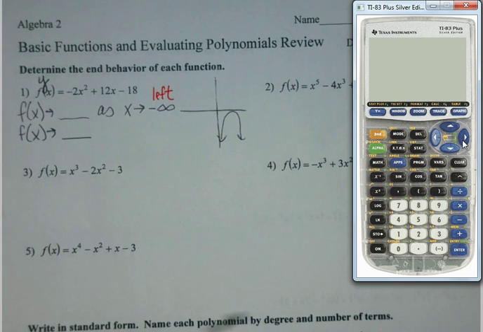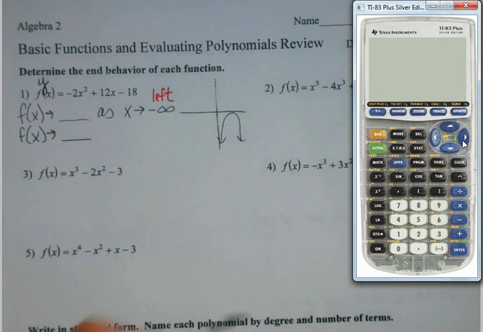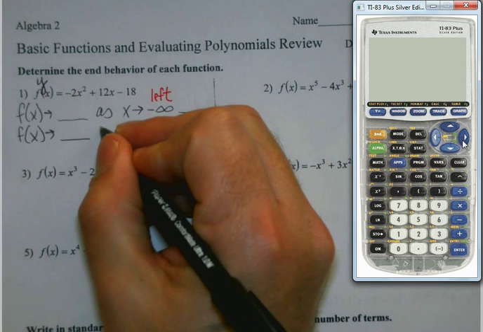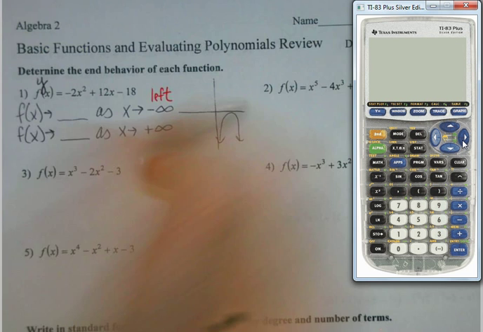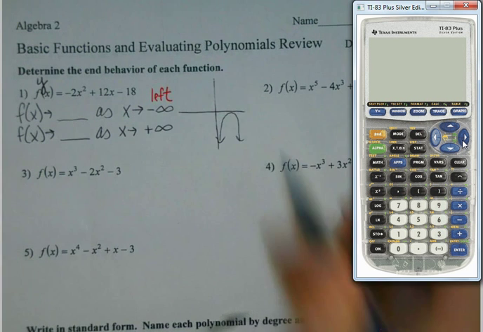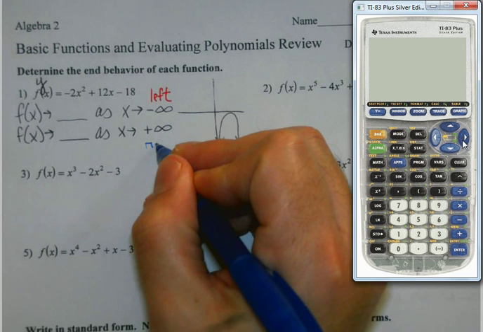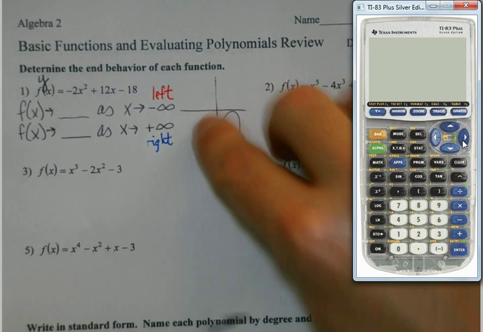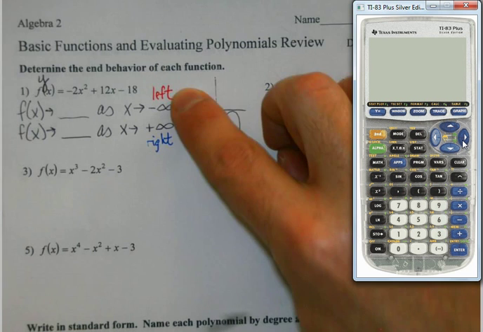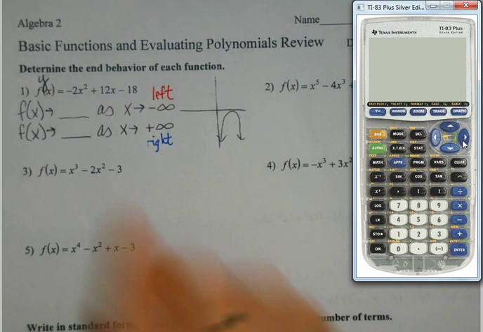So that will always say x approaches negative infinity, or x arrow negative infinity. The one on the bottom will always be positive infinity, because positive infinity is to the right. This part never changes. I'm always going to have one part where x is going left, one going right, sort of like when I do domain.